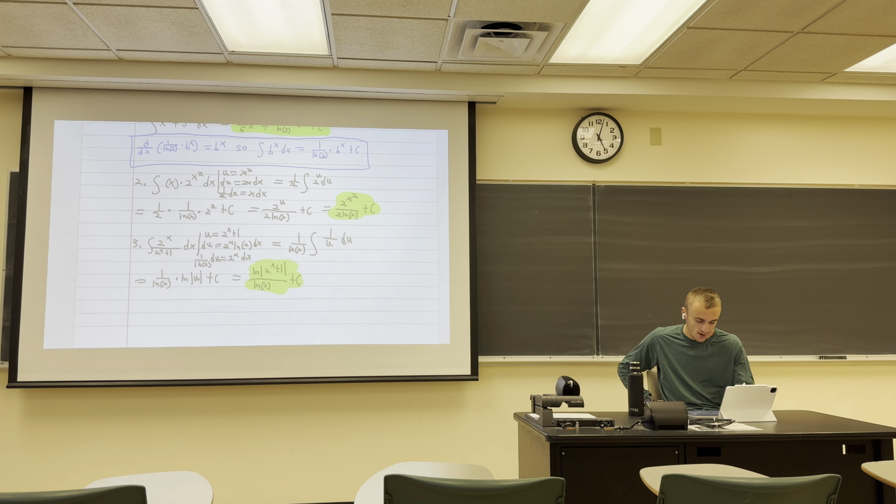So for this one, we relied on what the integral of 1 over u is. That's just ln of u, but you have to put the absolute value on there. And then we relied on the u substitution, where we had to do a little bit of manipulation to get it in the form we liked. But if we see here, 2 to the x dx, that's this term right here, so that's really what we're trying to cancel out as much as possible.